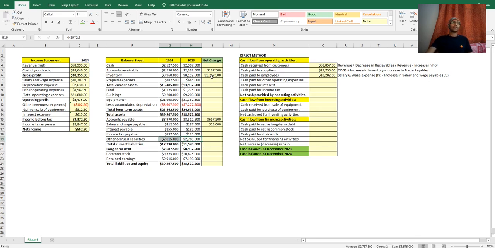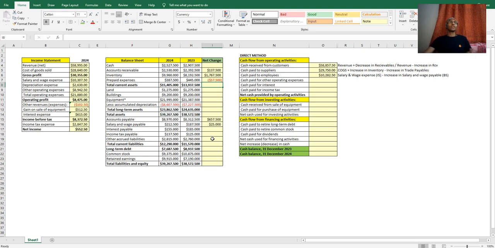So let's calculate it. Prepaid expenses. It will become clear when we do it actually. Prepaid expenses have actually reduced as per the balance sheet. So this will be a reduction to the other operating expenses in terms of cash.